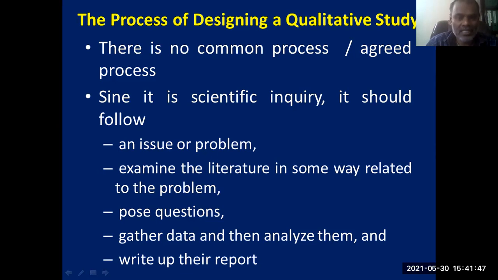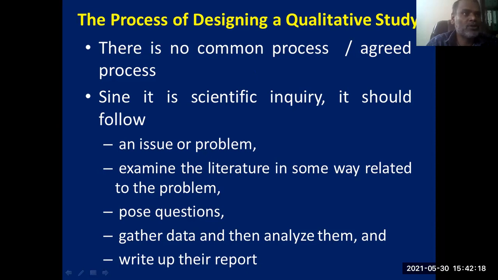Since qualitative is also a scientific inquiry, a qualitative study should also follow certain procedures. So only the basic procedure are we going to see now. This basic procedure can be started at any time and can be changed. Any scientific inquiry should have an issue or problem. So you need to find out what problem or issue you are going to study. That's the basic one.